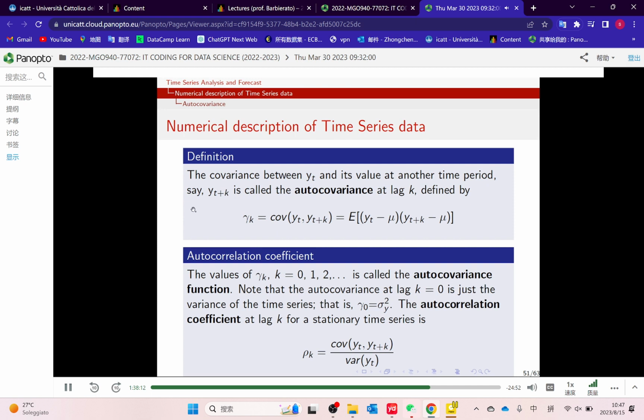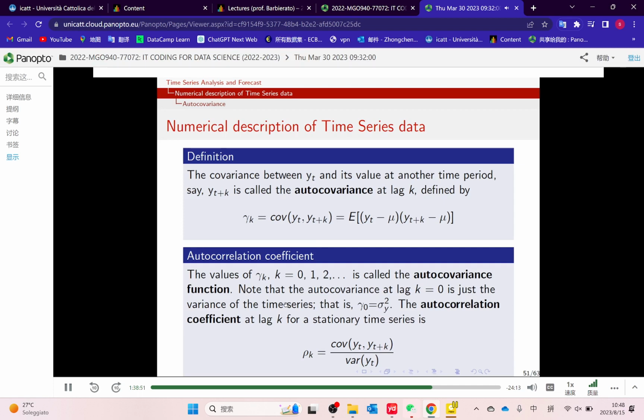Now, it means that in this formula, you're just calculating the autocovariance, for example, in pairs: the first and the second, the third and the fourth, the fifth, and so on. This is what the gamma of index k means: you will generate new values, because each pair, in this case, if k is equal to 1, is going to produce a new number, and this is your autocovariance.